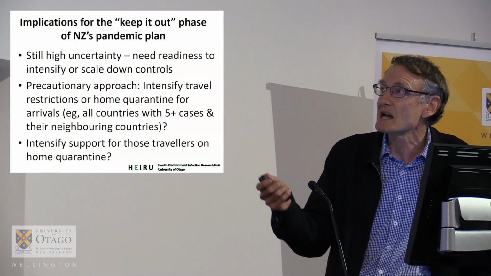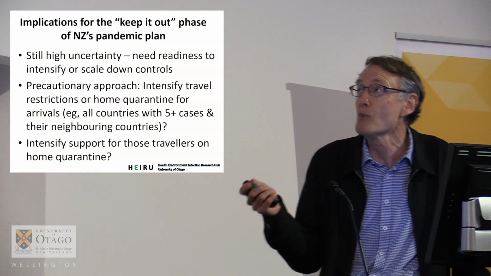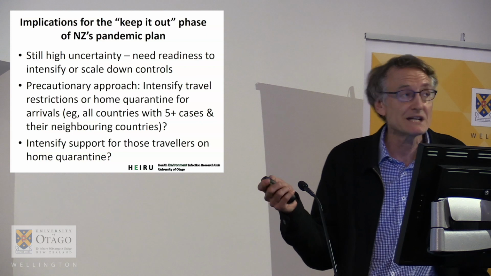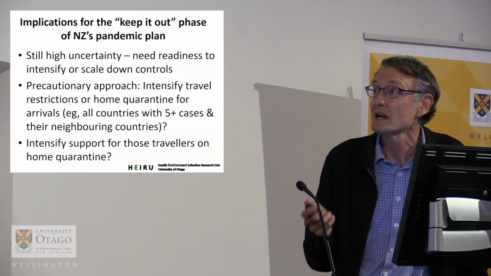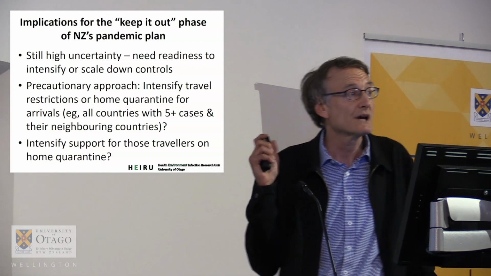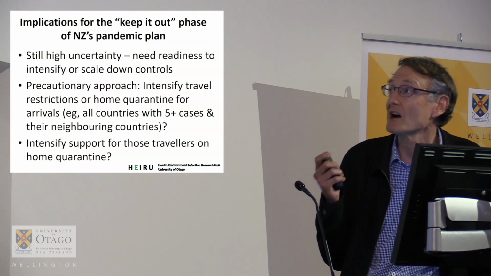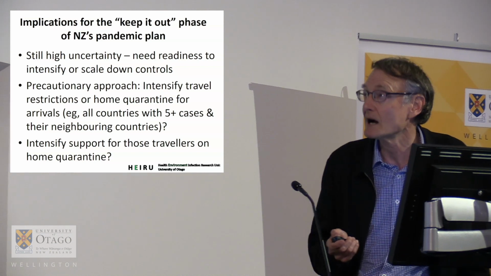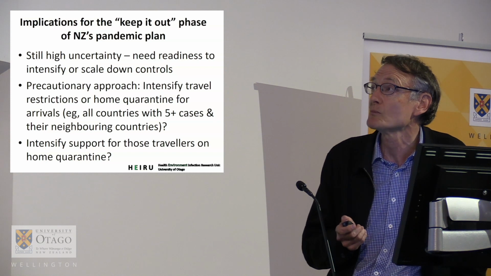I think the government is taking a precautionary approach, but I think it could be even more precautionary and potentially intensify travel restrictions further and do more in terms of helping people out with home quarantine, supporting them more, and identifying people who should definitely be in home quarantine.